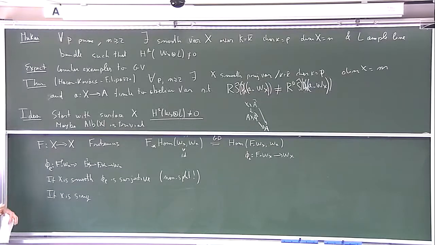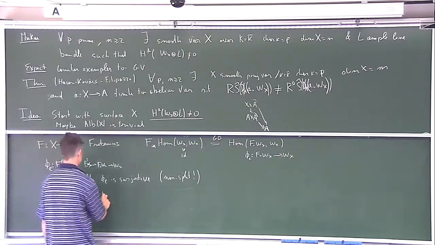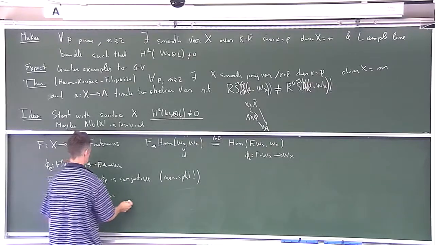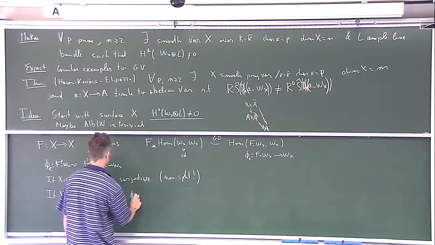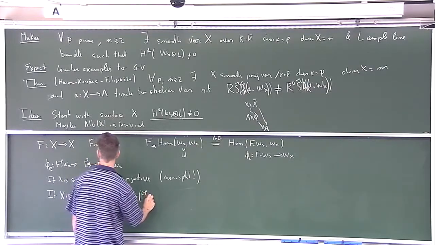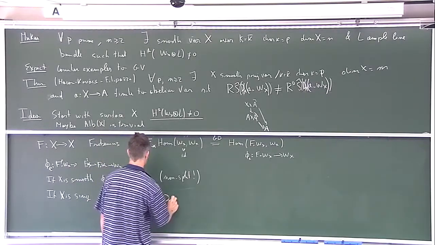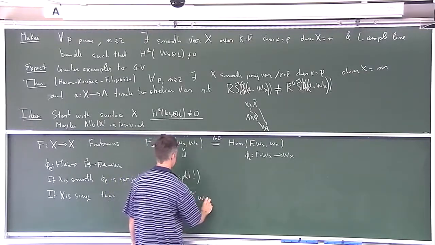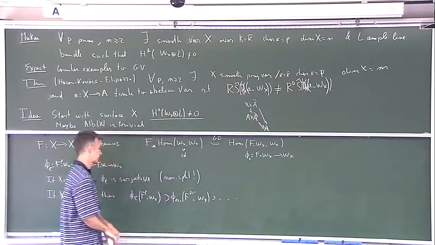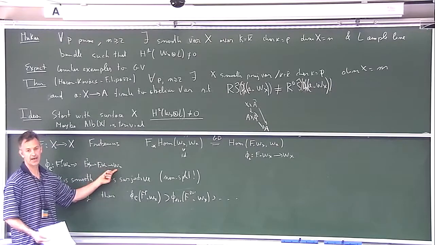And then when the singular locus is there, it does something interesting. Maybe it's not surjective. So if X is singular, then we can think of the image, let me just call it phi^e(F^e_* omega_X). This will contain phi^(e+1)(F^(e+1)_* omega_X), and so on. So a priori, you get a descending chain of submodules of omega_X.